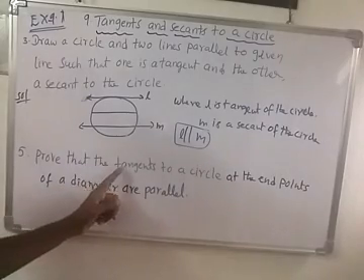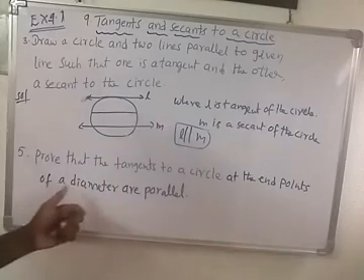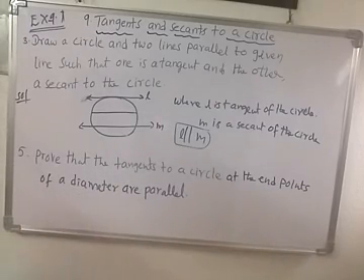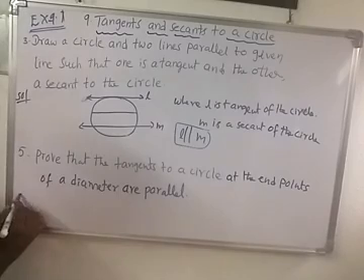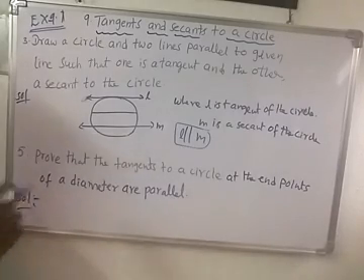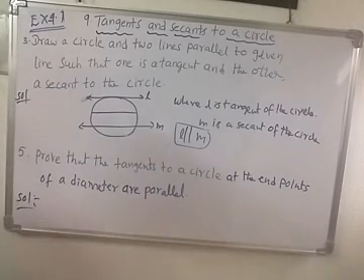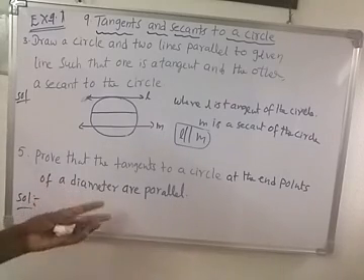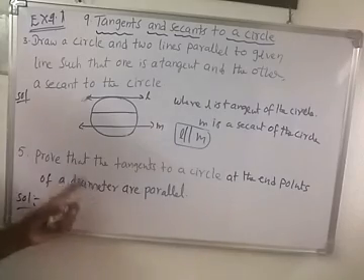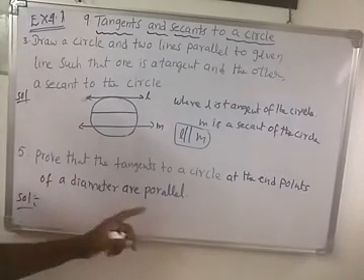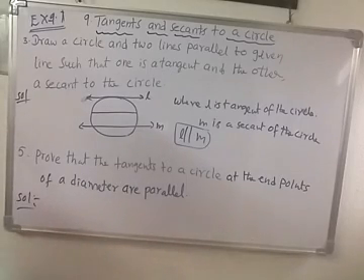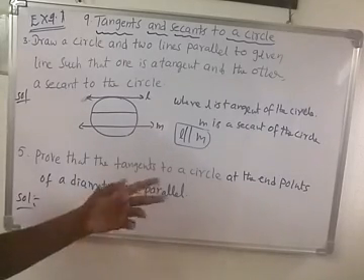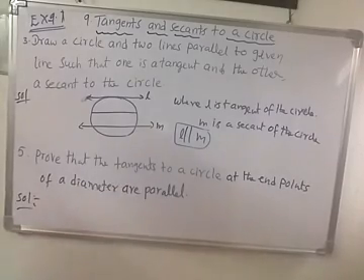So how many tangents can we draw at the end points of a diameter of a circle? Two tangents we can draw. We have to prove that the tangents to a circle at the end points of a diameter are parallel.